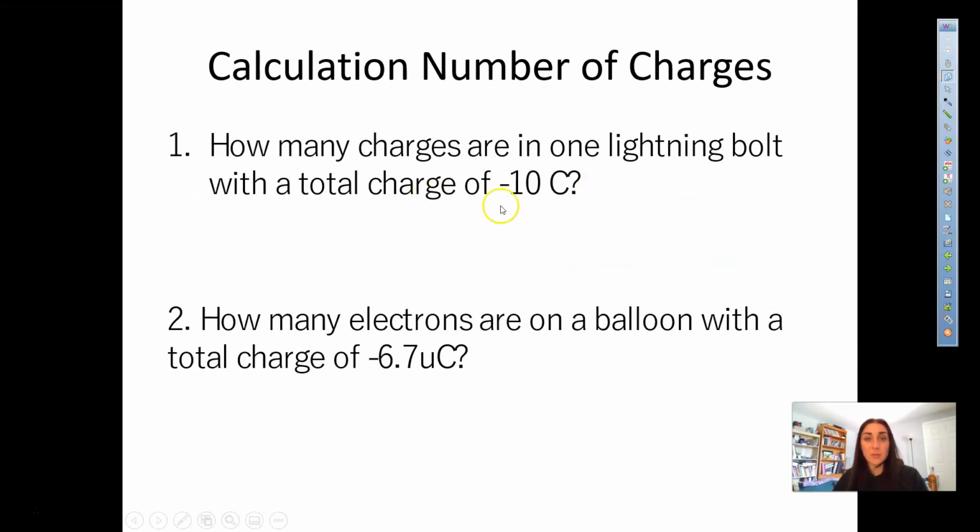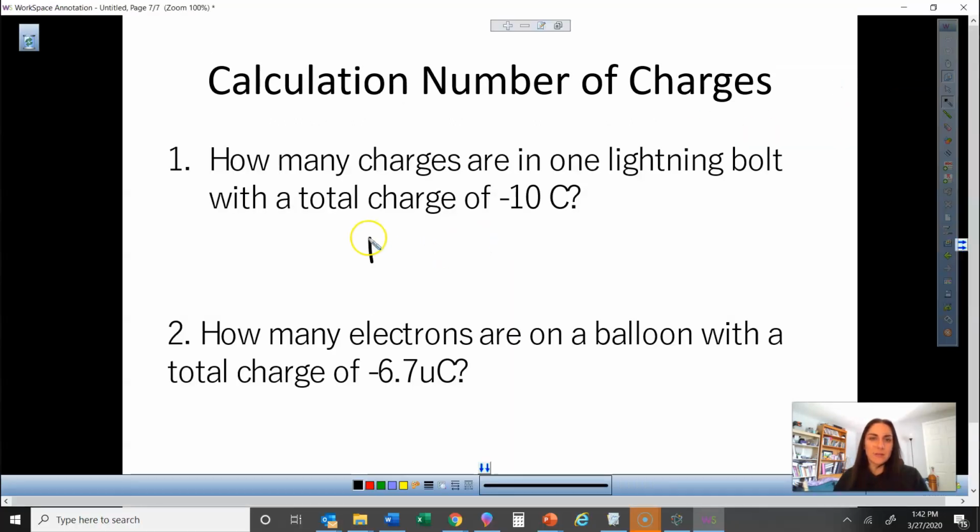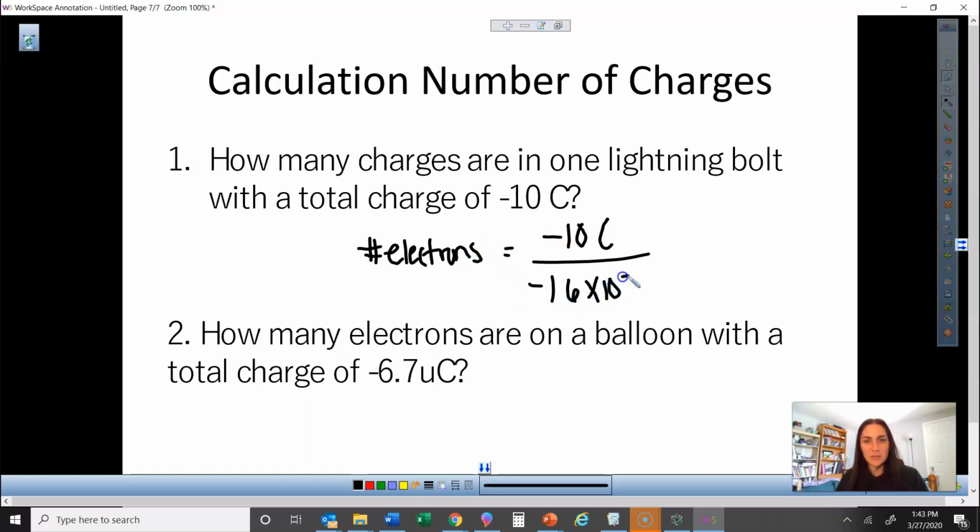So let's look at a lightning bolt. This is an actual number. So if I want to find the number of electrons, notice that this is negative, so this is electrons. -10 coulombs of charge divided by -1.6 times 10 to the -19 coulombs of charge, because it is in fact an electron.